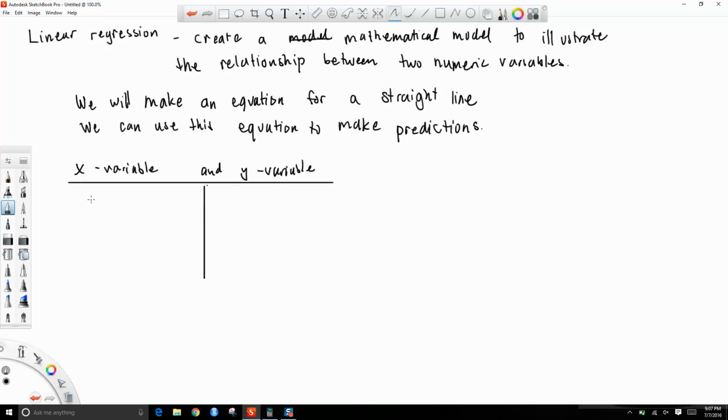The x variable is sometimes called the explanatory variable, or the predictor variable, or the independent variable.